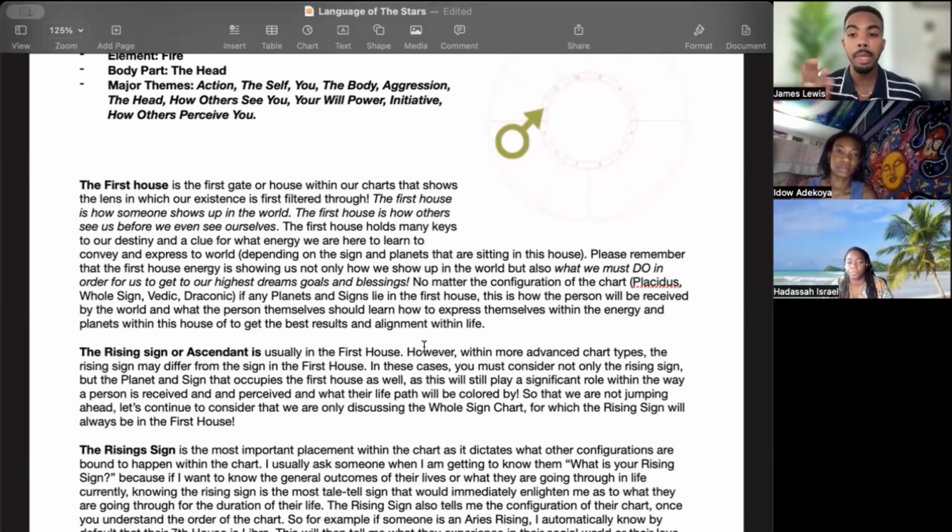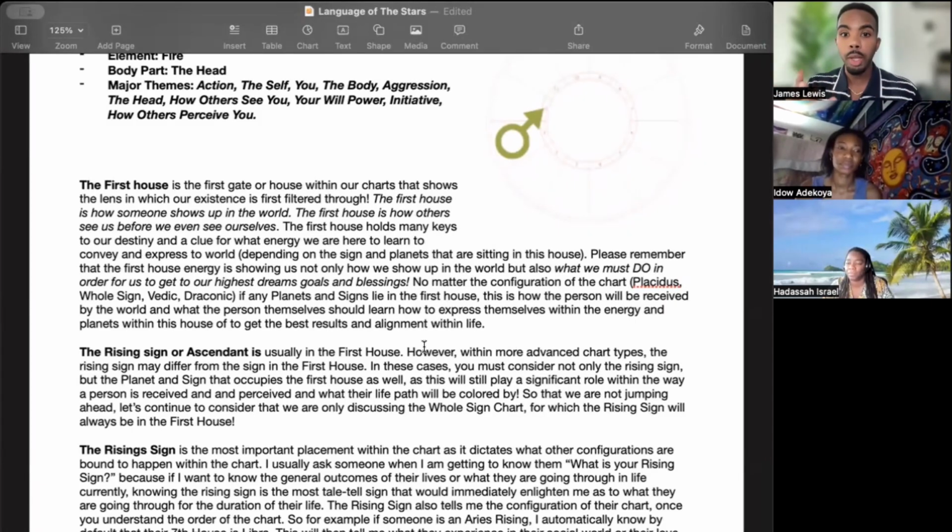So that means Placidus, whole sign, Vedic, Draconic, Blablonic. I don't care what chart you are looking at. The first house will always tell you how someone's being perceived, and what they must do in order to get to their highest dreams, goals, and blessings. And that's also the rising sign. That's also what the rising sign is asking of a person as well. So all these things have the same meaning.